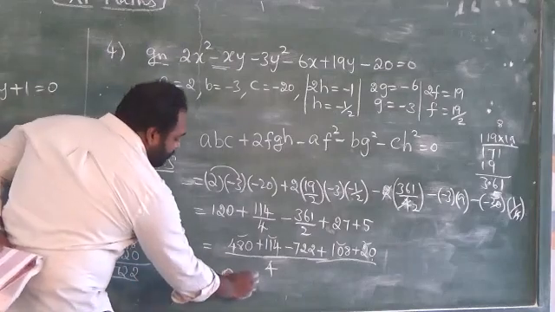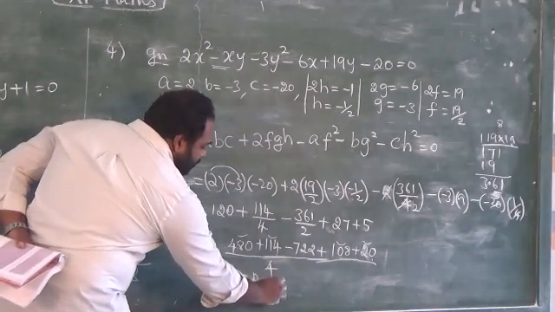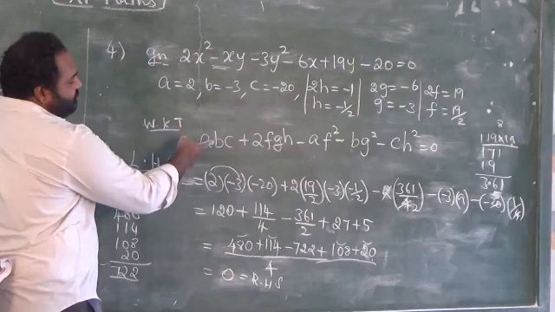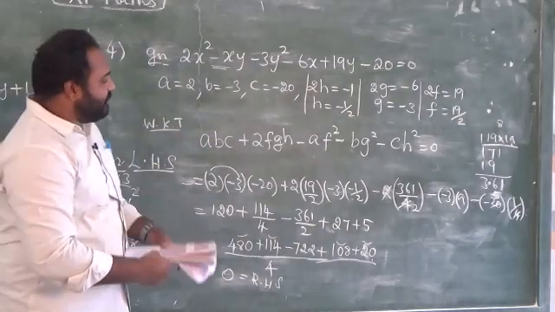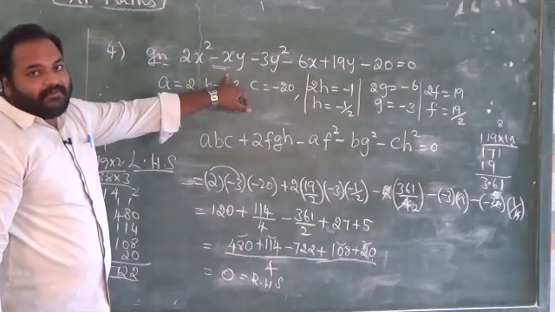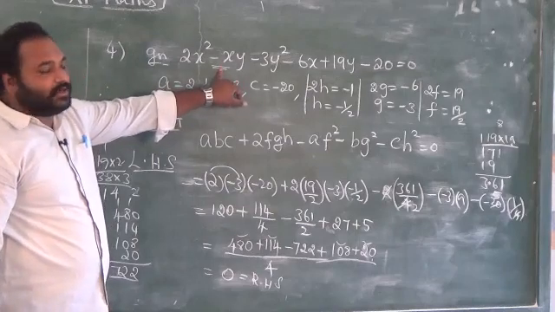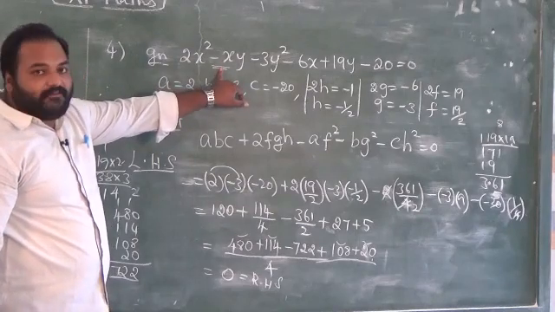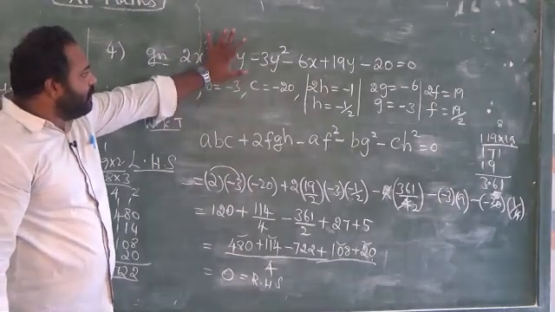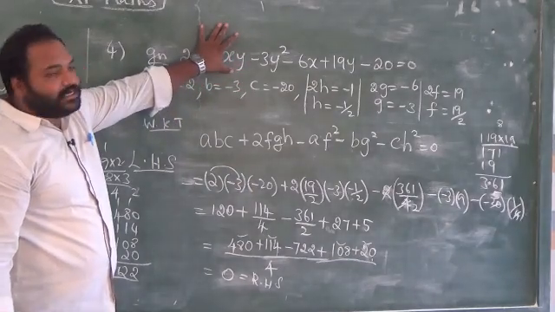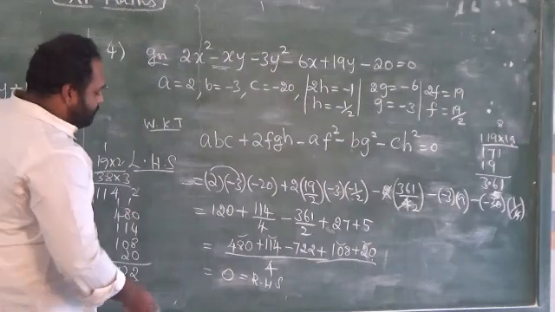So you are getting the RHS side. So this general form is satisfied with these values. So the given pair of straight lines is a pair of intersecting lines, hence proved.